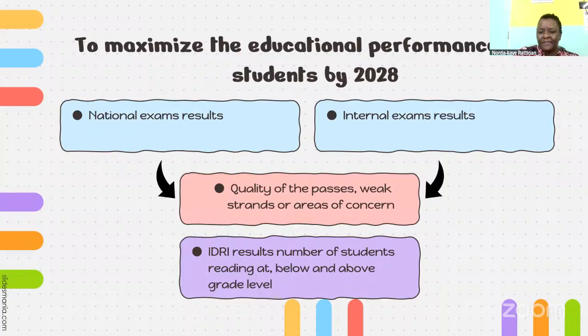The question number 7, this is one of the major ticket areas. And this is looking at maximizing the educational performance of all students that you are responsible for at your institution. You're pulling on your national exam results, your internal exam results as your baseline data to put together measurable targets.